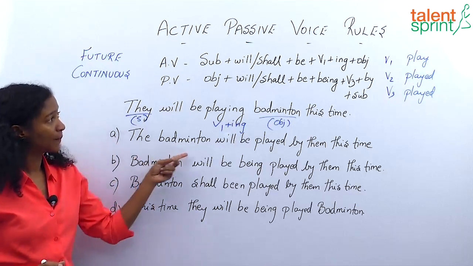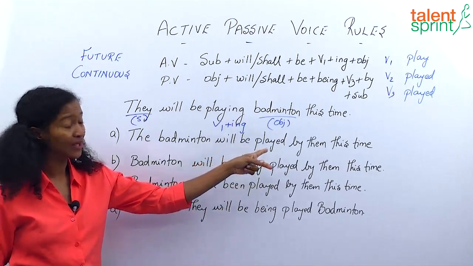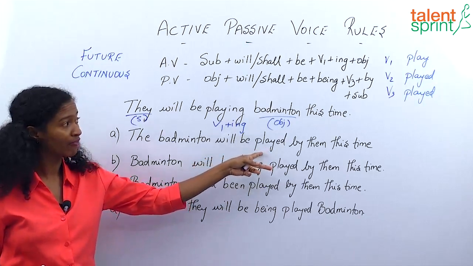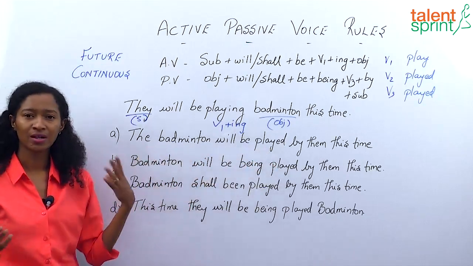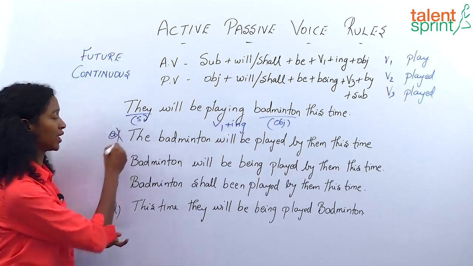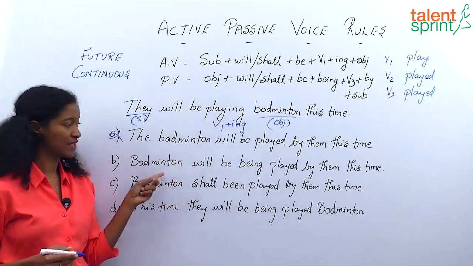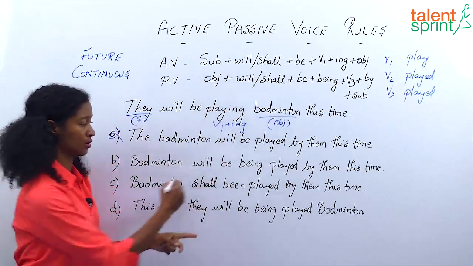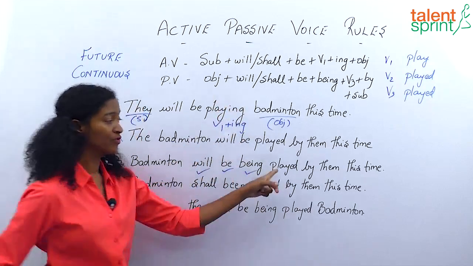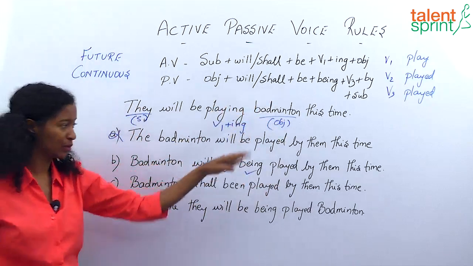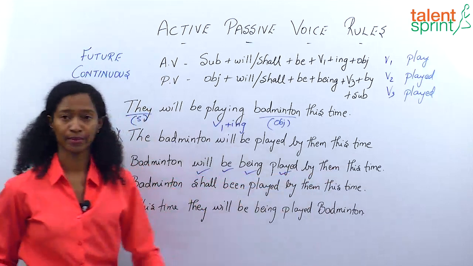Option A, the badminton will be, and then I don't have being, nor do I have verb 3, and the badminton sounds a little awkward. Option A out. Option B, badminton, which is our object, which becomes the passive subject, will be being verb 3, play, played, played, played by them, the subject, this time.